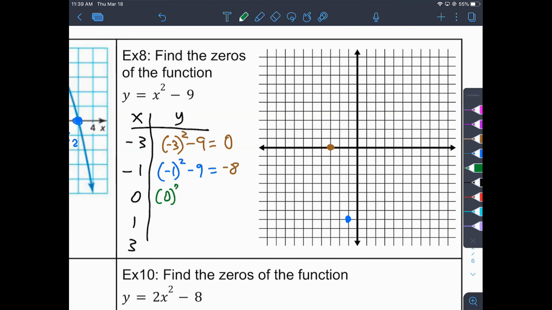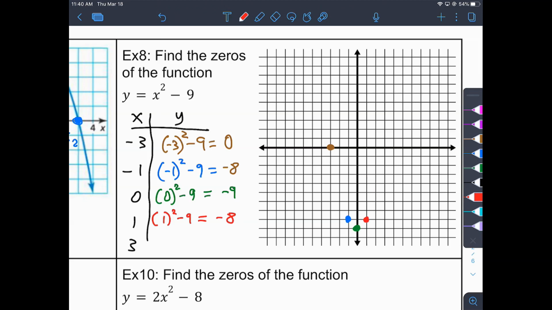Plug in a 0 and square it, -9. 0 squared is still 0. -9 is, well, -9. So 0 means I don't go left or right. I'm still here in the middle, but I have to go down to 9. Then +1. +1 squared -9. Well, +1 squared is still 1, and 1 minus 9 is -8. So now I'm forward 1 and down 8.